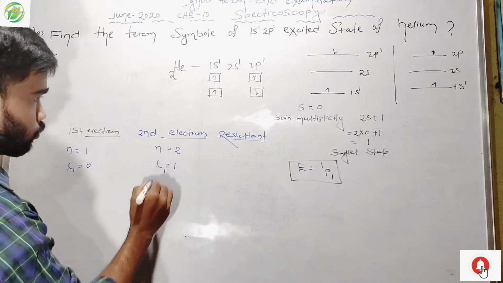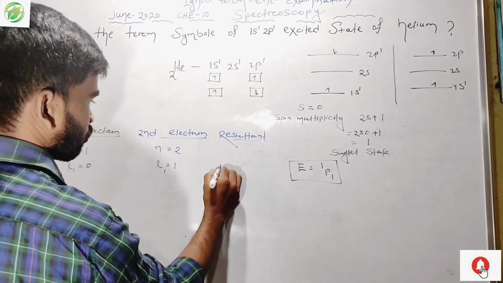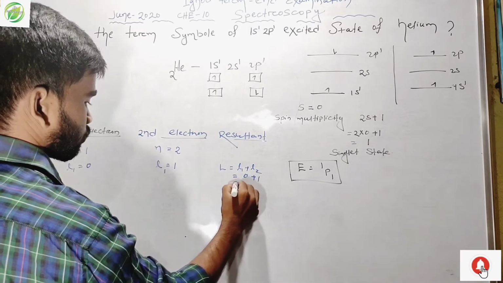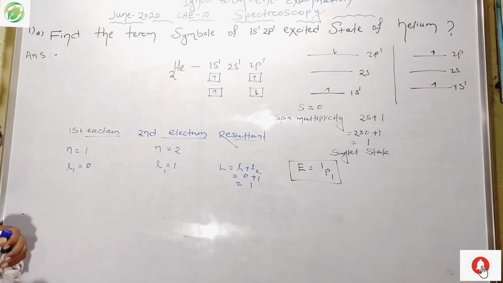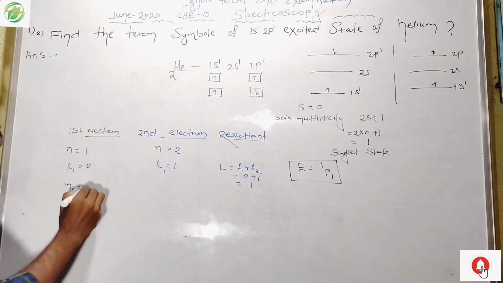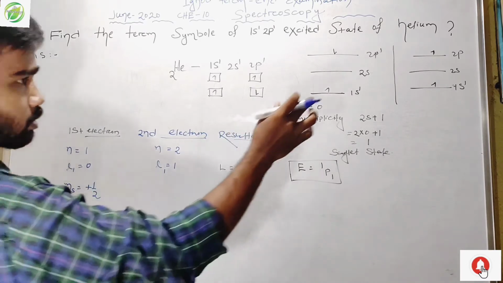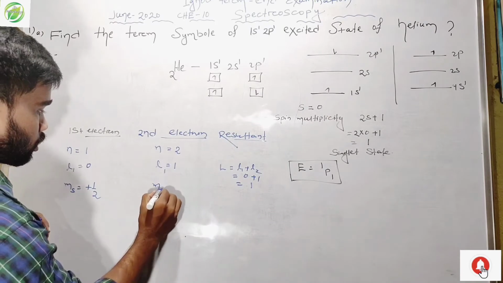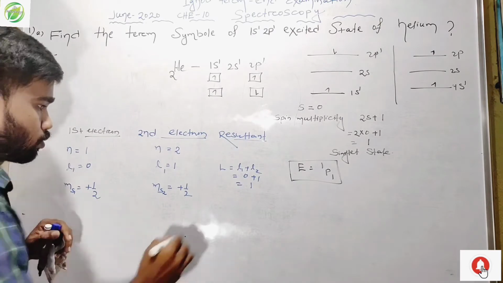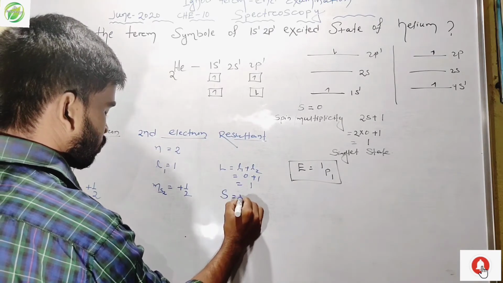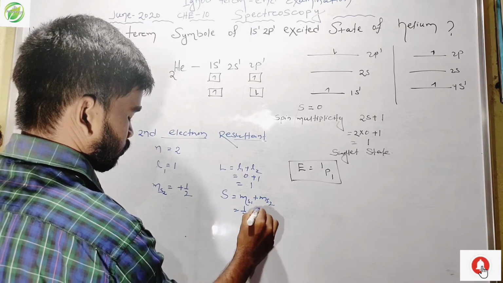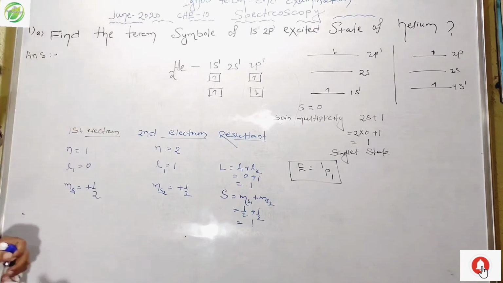The resultant L value, L1 plus L2, is equal to 1. For the first electron, the spin quantum number is plus half. For the second electron, the spin quantum number is also plus 1 by 2. The resultant spin quantum number is 1.